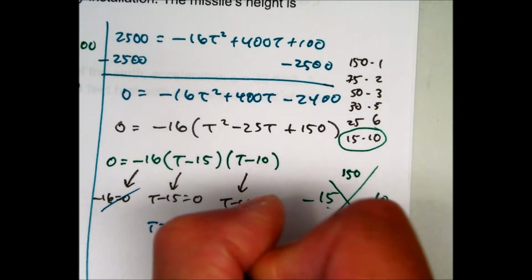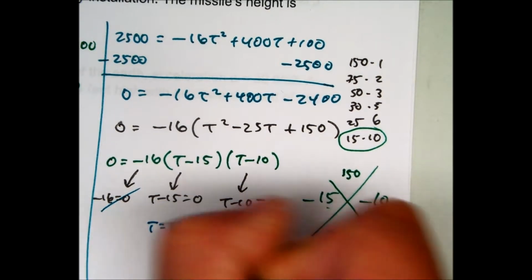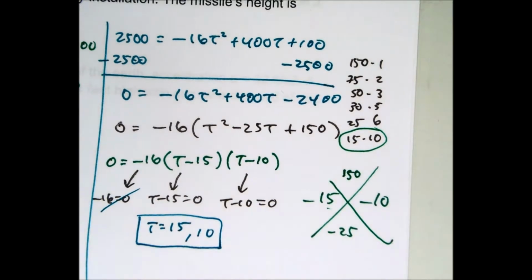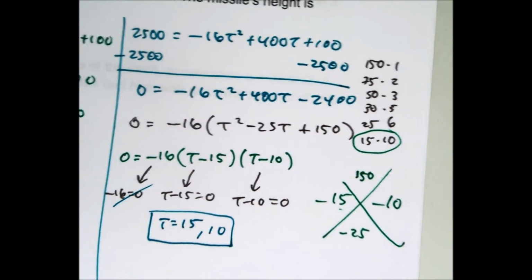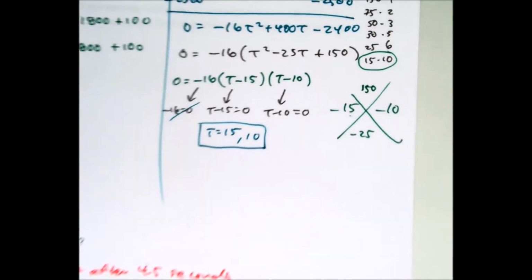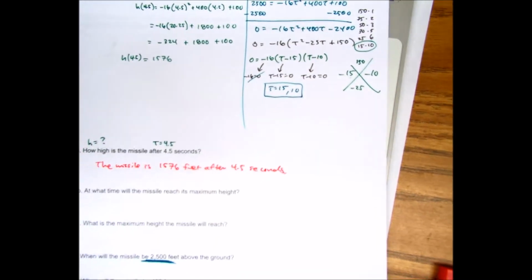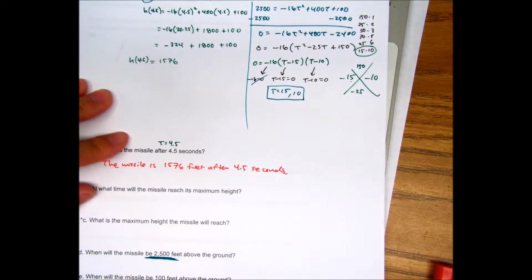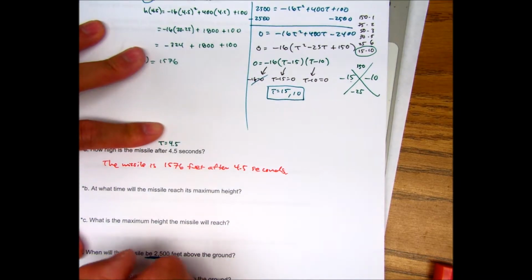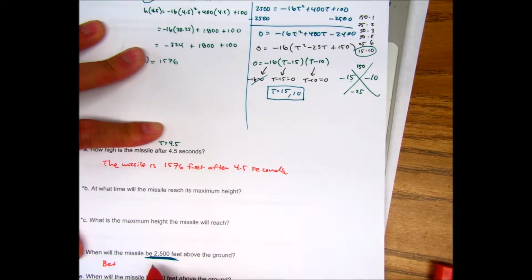Here t equals 15 and t equals 10. When will the missile be above the ground? It will be 2,500 feet above the ground between 10 and 15 seconds.